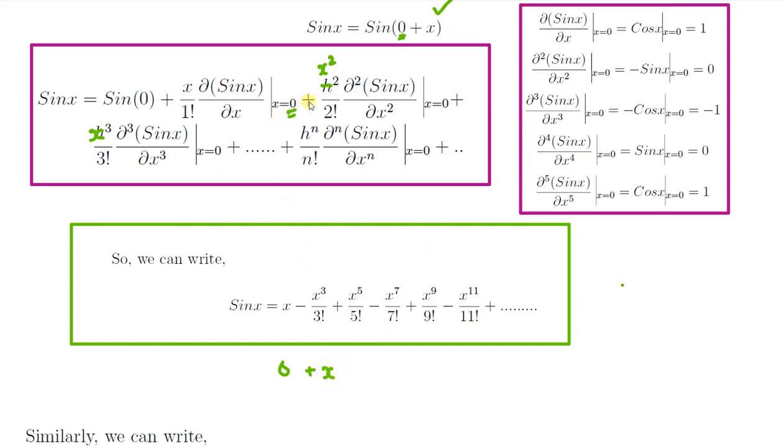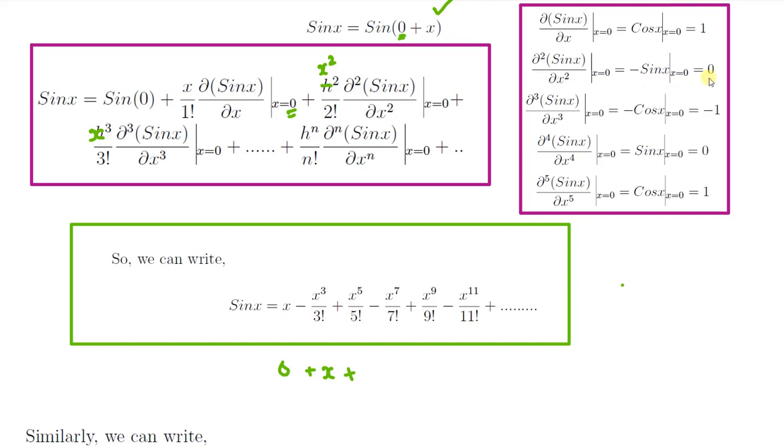Now what is the next term? Plus x squared by 2 factorial into dou squared by dou x squared of sin x. Dou by dou x of sin x is cos x. So you take the derivative once again, you will get dou squared sin x by dou x squared, that is dou by dou x of cos x. Dou by dou x of cos x is equal to minus sin x, that is 0.